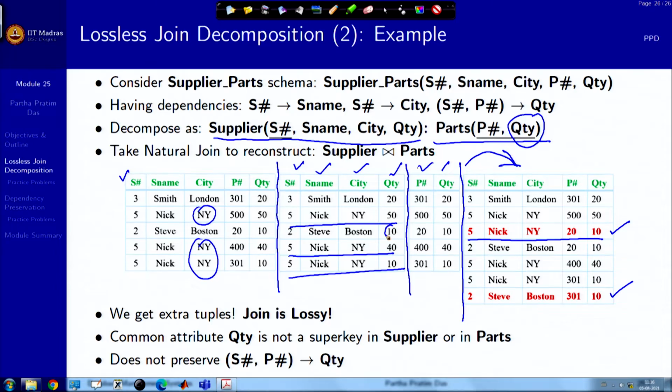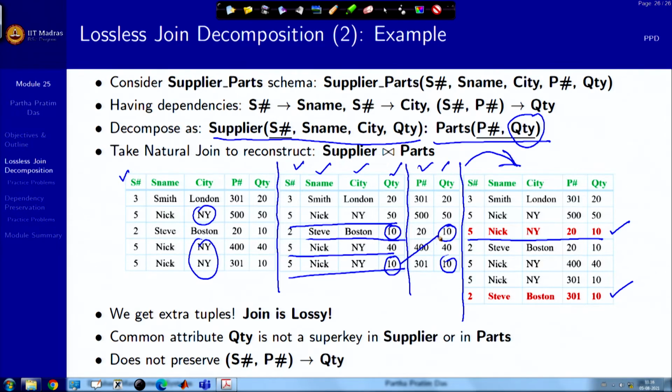Now, there is quantity 10 here, there is quantity 10 here. So, when you do the join, you not only get Nick NY10 with your 301, but you also get Nick getting combined based on this with originally the Steve's order, Steve's supply.